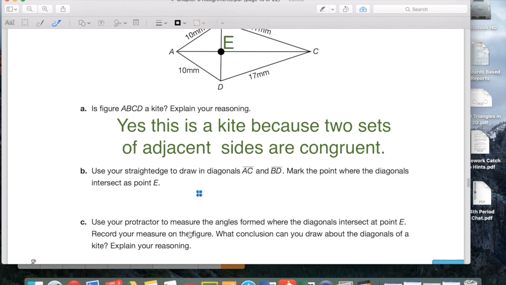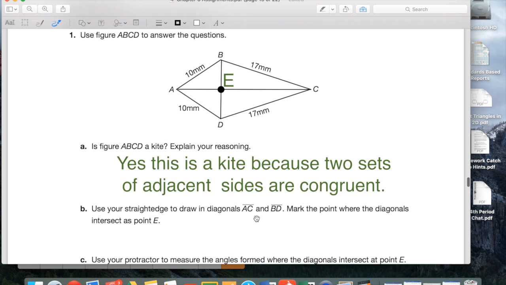Use your protractor to measure the angles formed where the diagonals intersect at point E. Record your measure on the figure. What conclusion can you draw about the diagonals of a kite, and explain your reasoning?